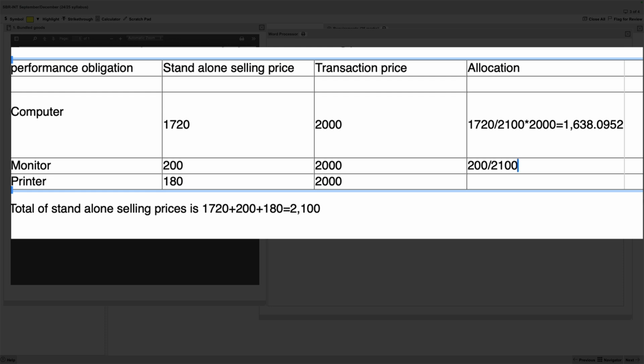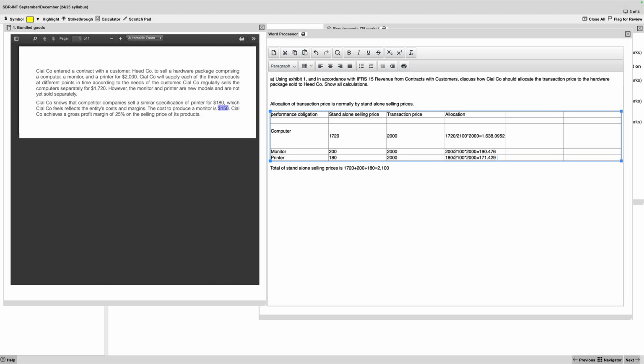That's the fraction. Times by the transaction price, giving each share of the transaction price. Okay, and then finally the printer, 180 of the 2100 times by 2000 equals that. And that's it. I've split it up. Now, that's done all the calculations. I've done it right. I've definitely got marks for that.